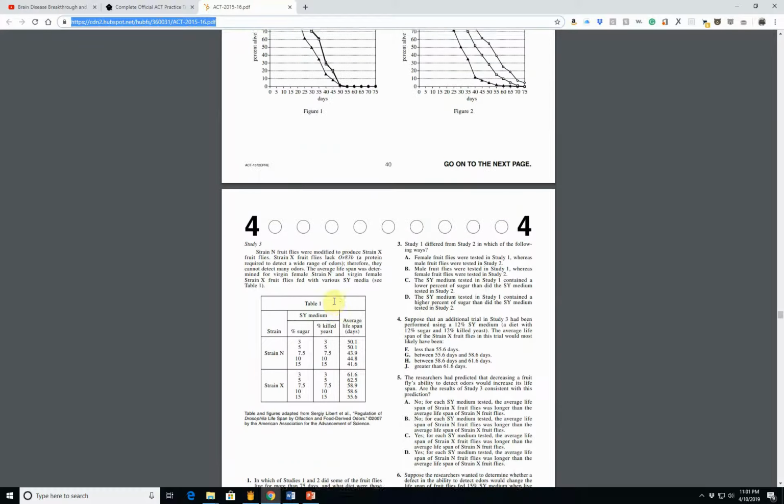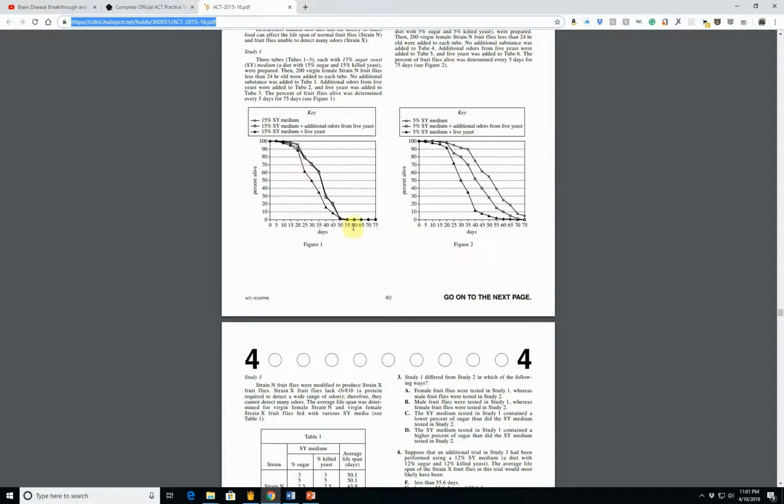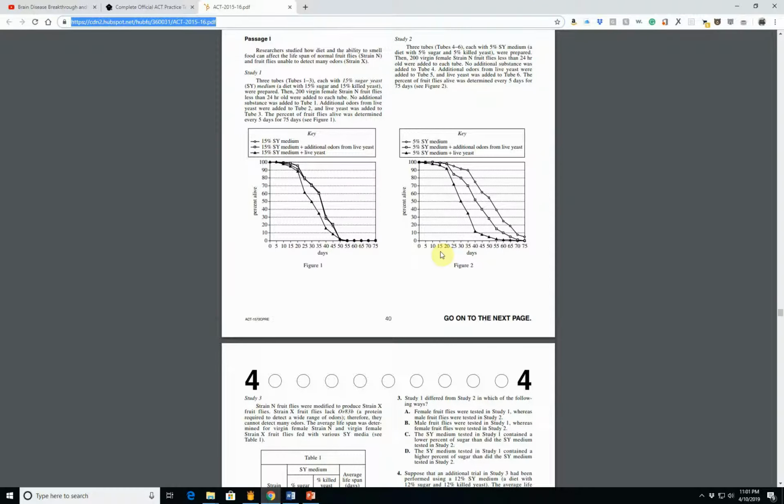Okay. Lived for more than 75. Okay, they were all dead by 75 in the first one. Figure 2, study 2, okay. Some of them were still alive. It would be the 5% SY medium. Strain N, normal fruit flies.